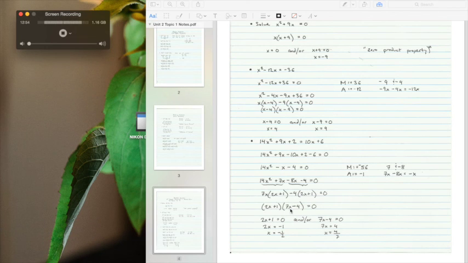So I have 2 factors multiplied together that equal 0. According to the zero product property, either this one, 2x plus 1, is 0, or this one, 7x minus 4, is 0, or both. So let's figure out either case. In this case, let's solve this little equation for 0. Let's get x by itself. I'll subtract 1 from both sides, and then I'll divide both sides by 2, and you will see that x is negative 1/2.